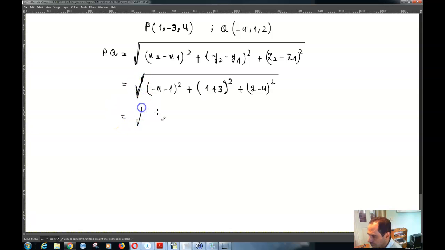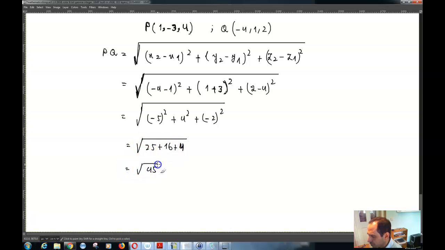And this is equal to the square root of -5 squared plus 4 squared plus -2 squared, which is equal to the square root of 25 plus 16 plus 4, that's the square root of 45 units, which is basically 9 times 5, so that's 3 times the square root of 5 units.